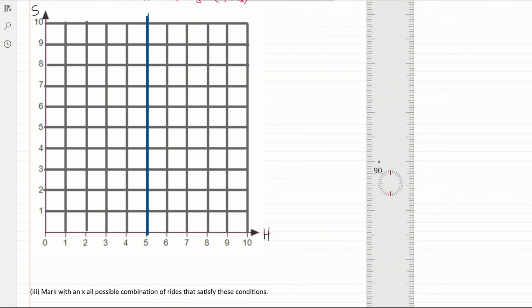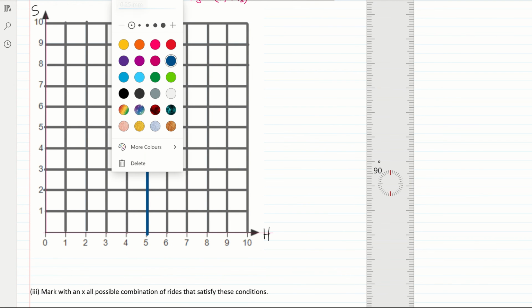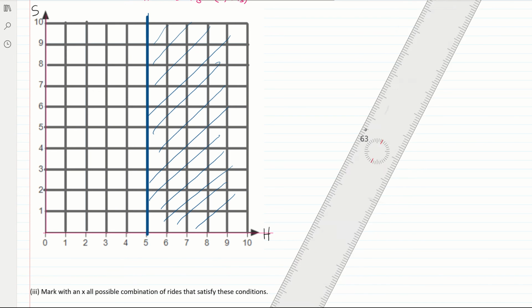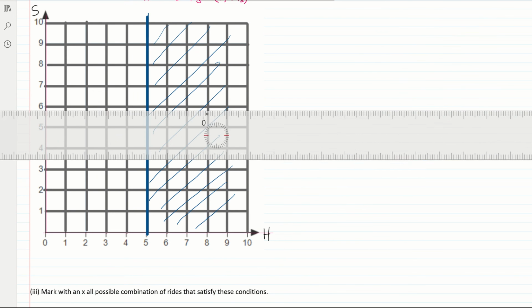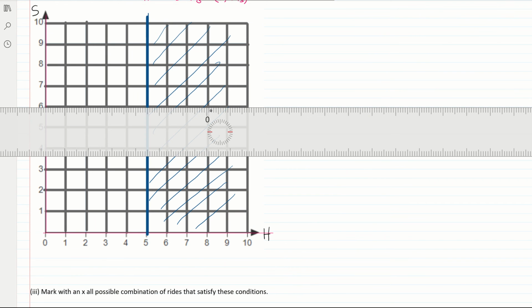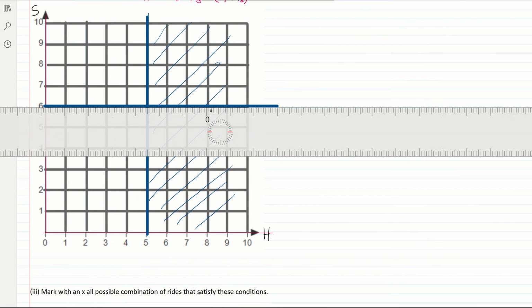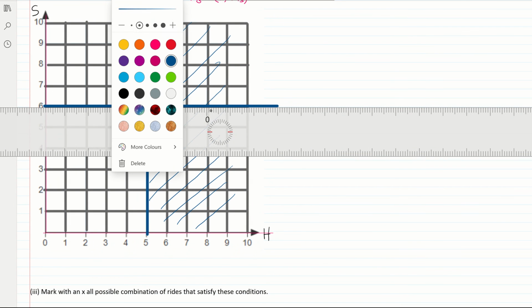And I'm shading the bit I don't want. So it is smaller than or equal to 5. I don't want bigger than. And then I've got S is smaller than or equal to 6. So again with S, smaller than or equal to 6.